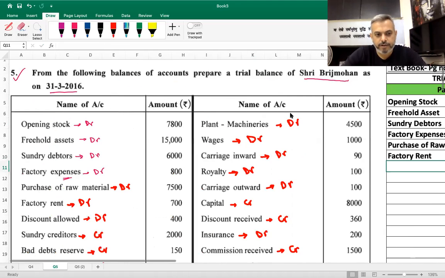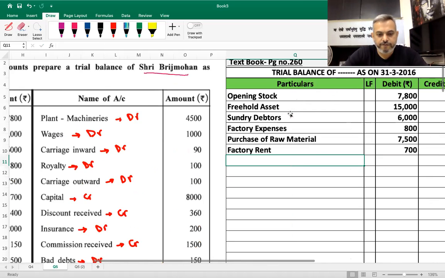rent, that is, भाड़ा, okay. Discount allowed, debit 400.